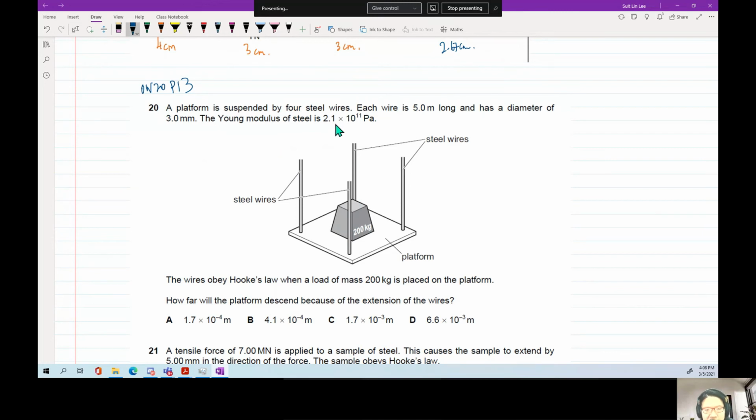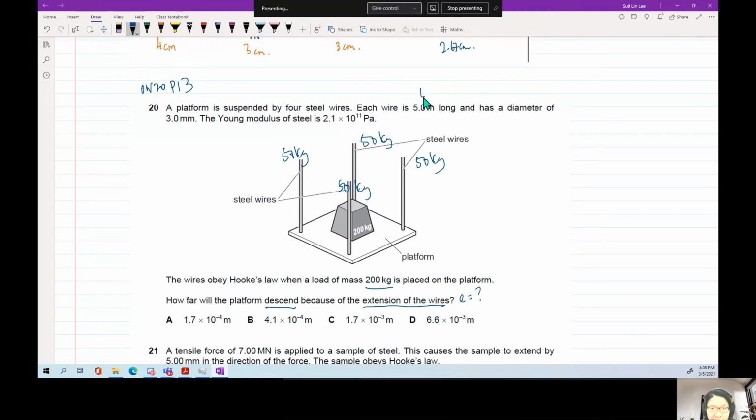So in this case, they are sharing the 200 kg load. You take 50 kg each. The wire obeys Hooke's law. How far would the platform descend because of the extension of the wire? So they are looking for the extension.